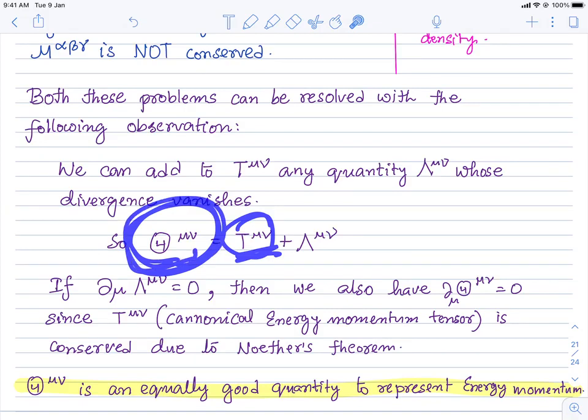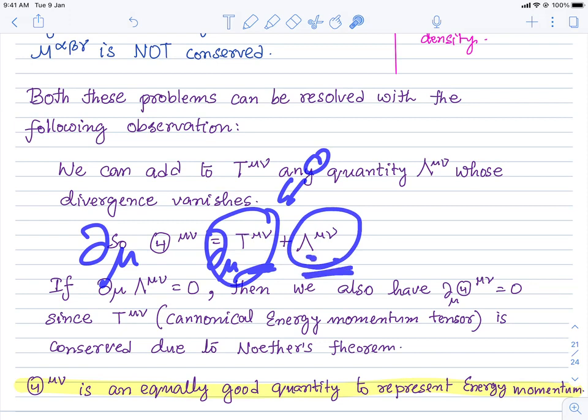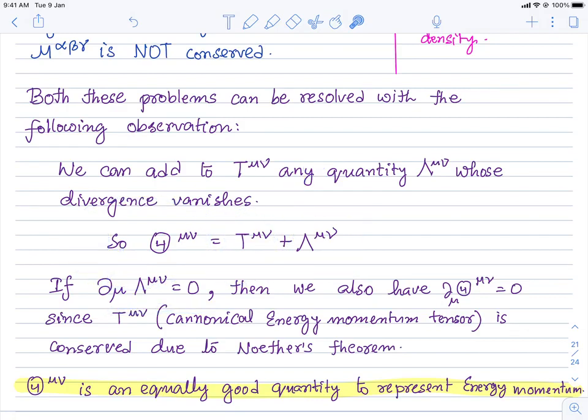This modified tensor would also have a conservation statement, because del mu on T mu nu is 0 since this is the canonical stress tensor, and I'm adding a term whose del mu is 0 by choice. So therefore, del mu theta mu nu is also 0. Its conservation is guaranteed.